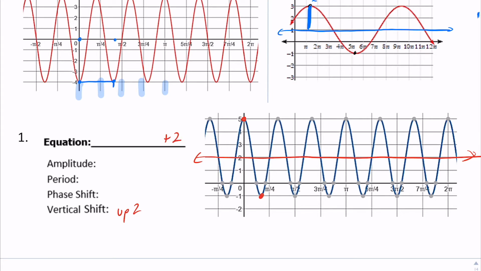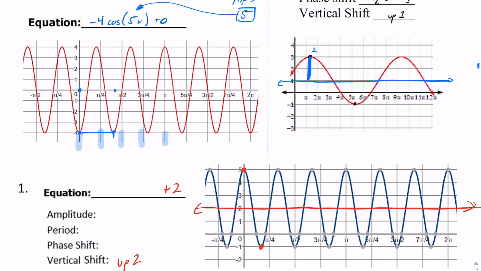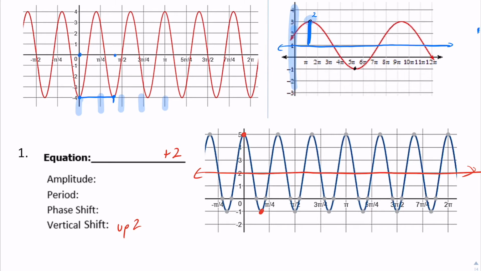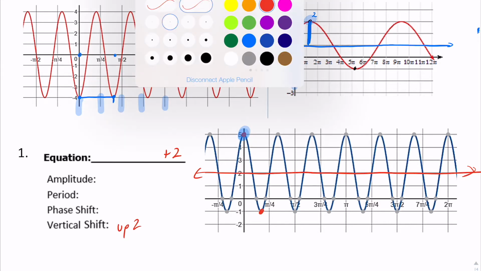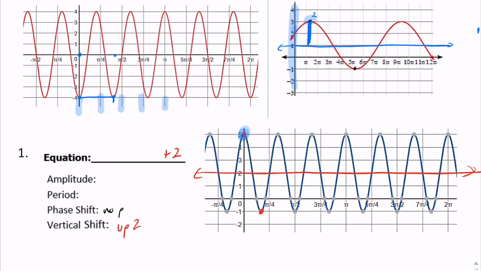Right? Phase shift. Notice how up here the highest point is not on the y-axis. That's how you know there is a phase shift. But in this case, this is the highest point, but it could also be the lowest point. But one of the high points is on the y-axis in this case. So this one has no phase shift.